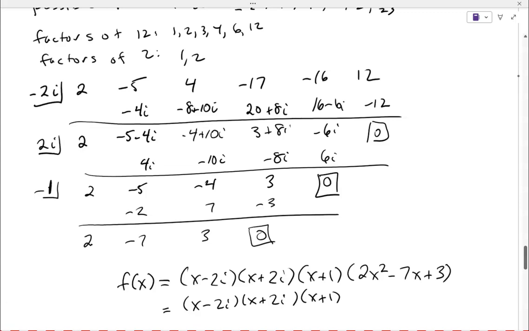You said that it looked like 3 was a root. 3 was a 0. If 3 is a 0, what's the factor? X minus 3, good, right? What's the other one have to be then? If I know that I have x minus 3, what does the other factor have to be?